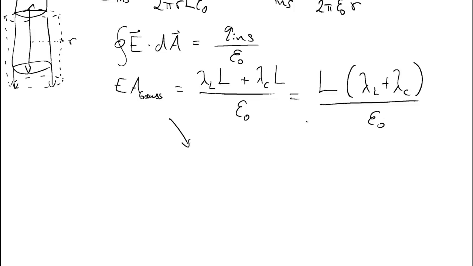Now we can continue those two parts of the equation. We can develop the area of the Gaussian again, which is still the area of a cylinder. And as before, that turns into 2 pi r, where r is the radius of the cylinder times the length of the cylinder. R is still the distance from the center, except that this equation we're going to get is only valid if that distance is greater than the radius of the charged cylinder.